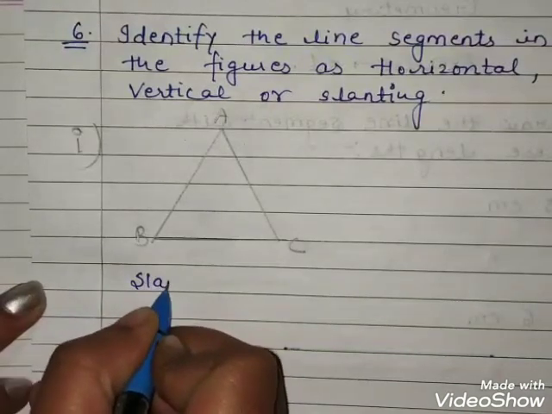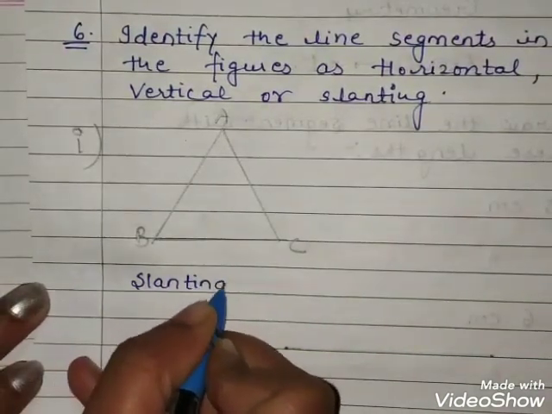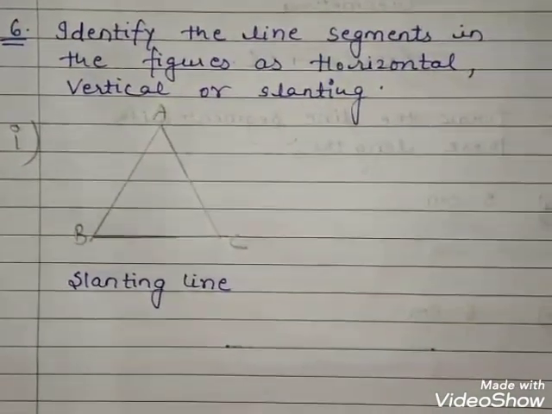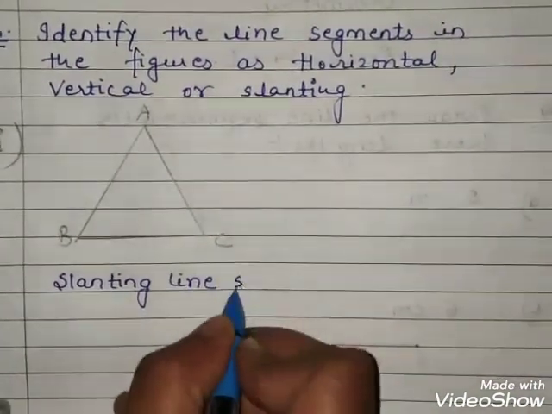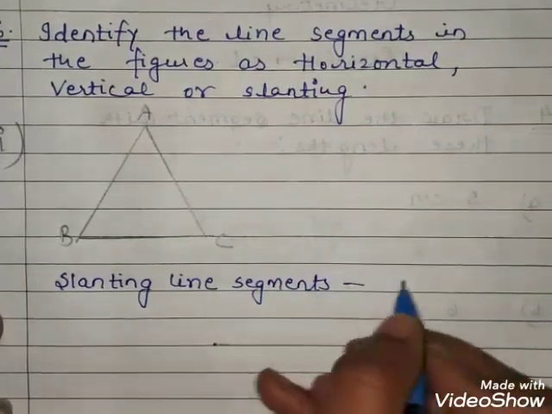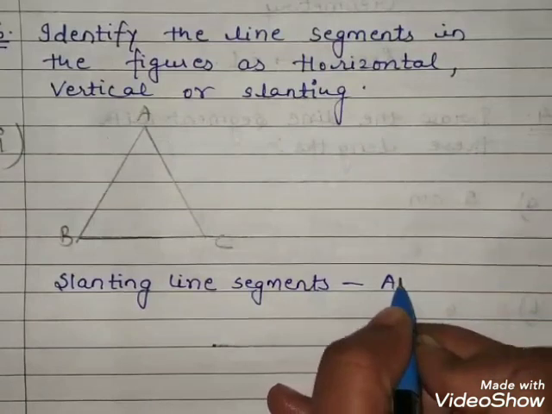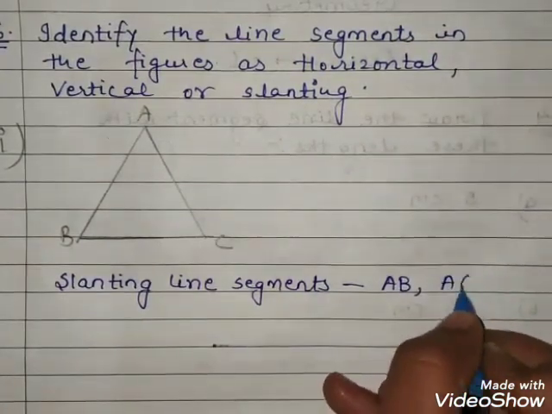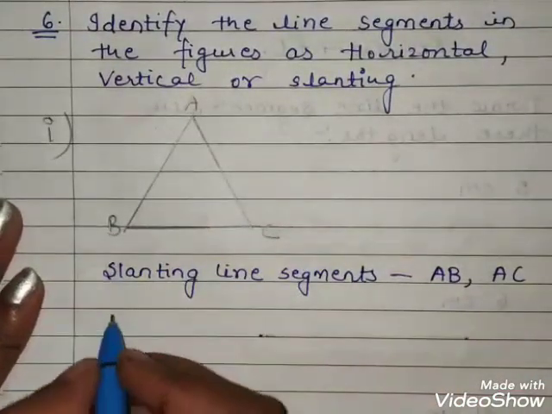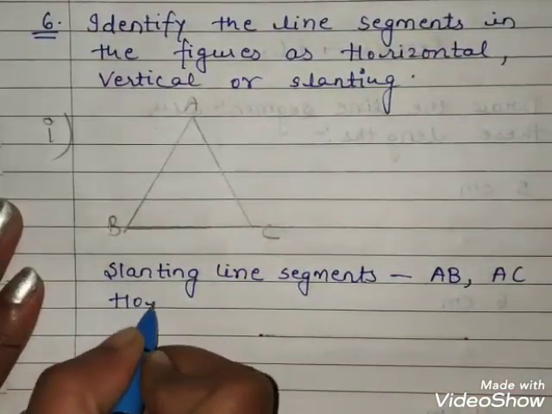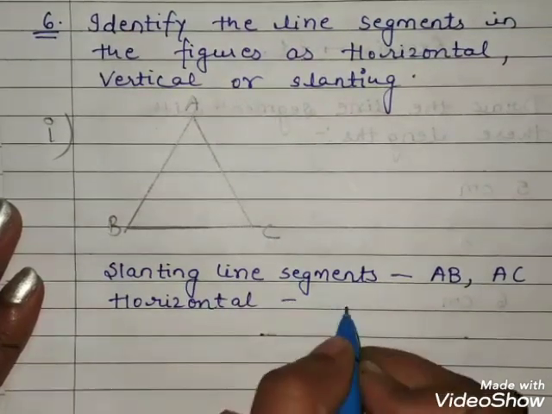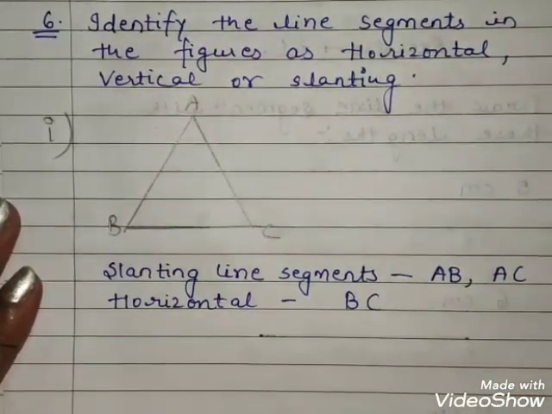So first we will write slanting line segments. These are AB and AC. And see, BC is horizontal, right? So we will write horizontal and then we will write only BC.